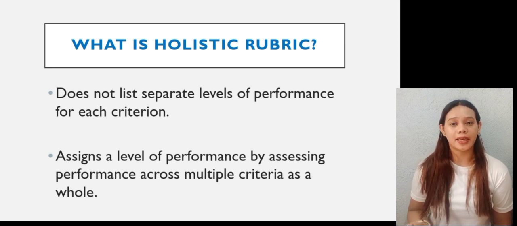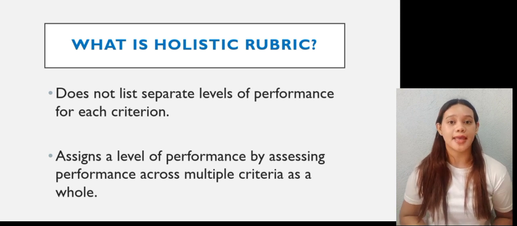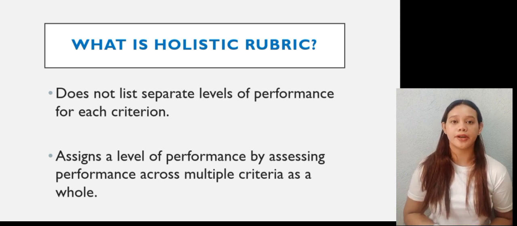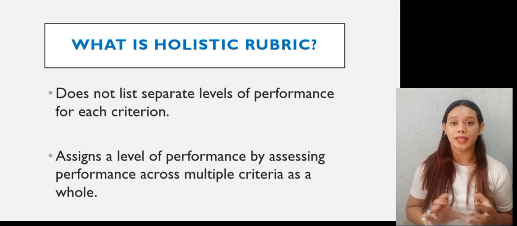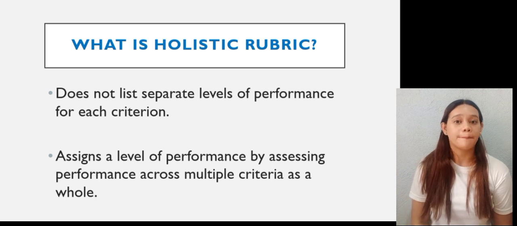Unlike an analytic rubric, which breaks down the task into specific criteria and provides detailed descriptions of each criterion, a holistic rubric assesses the overall quality of the student's work based on a general set of criteria.